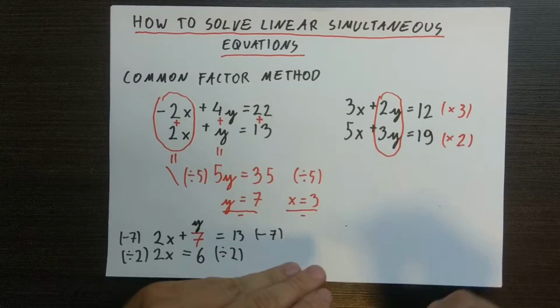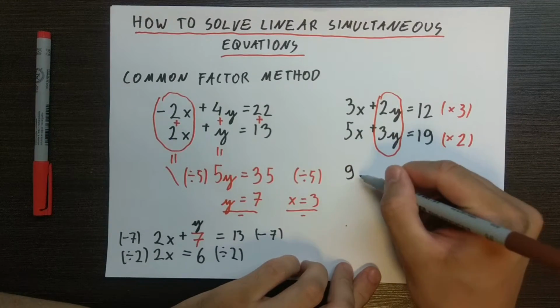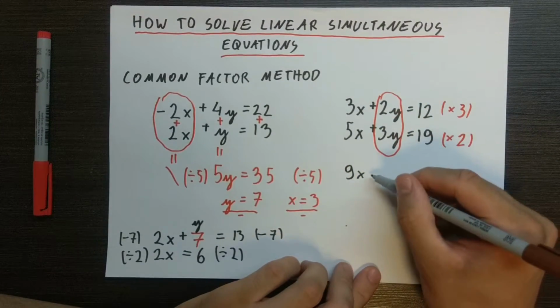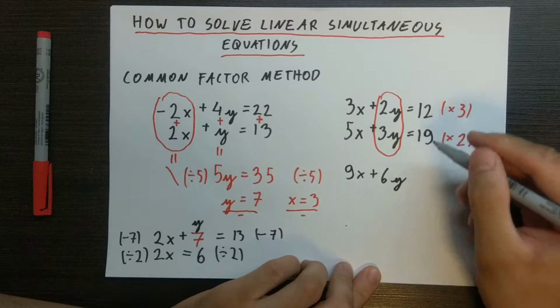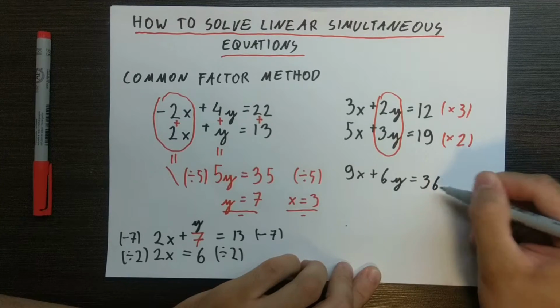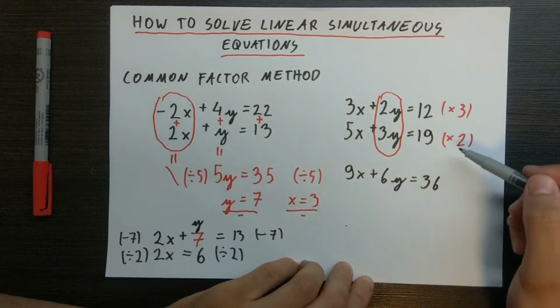So now we have 9x, 3 times 3, plus 6y as planned, which equals 36. And what do we have here? Remember, we are multiplying by 2.